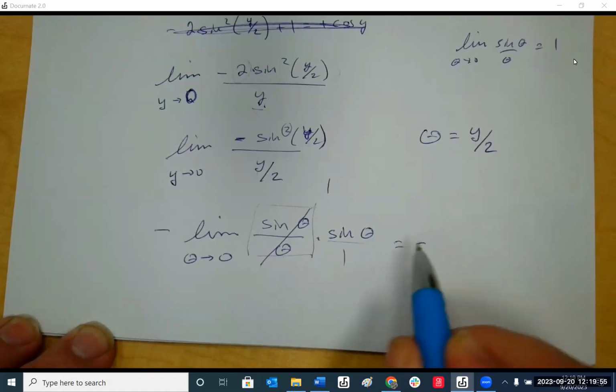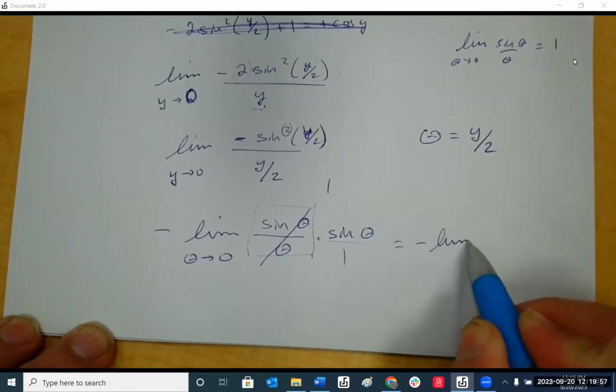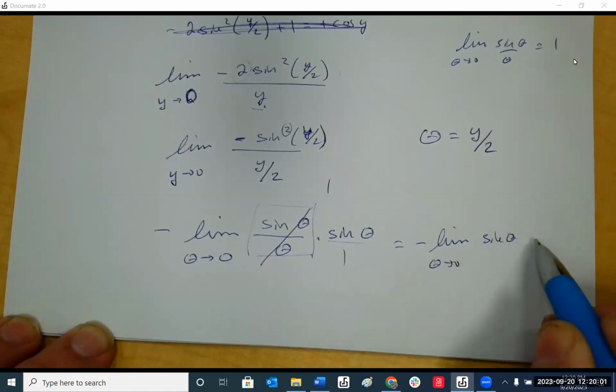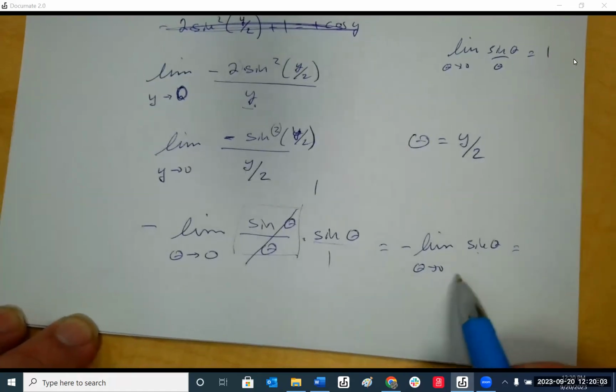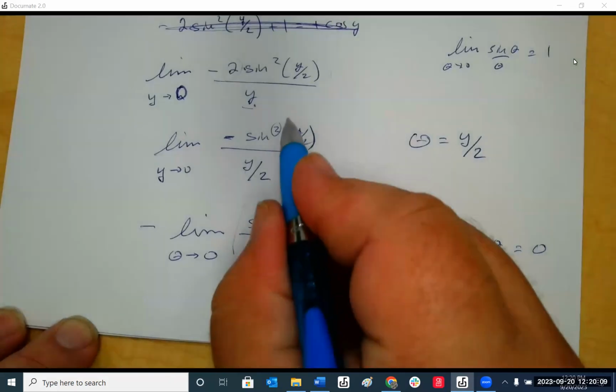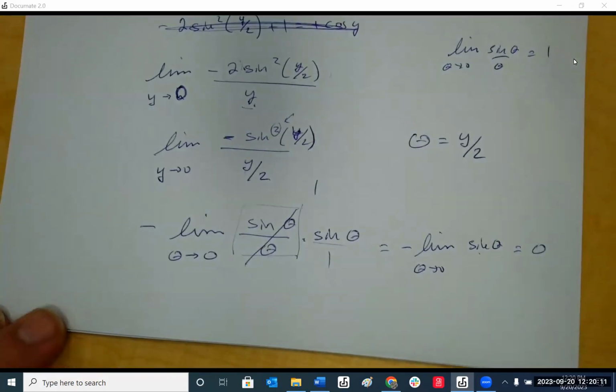But as we have sine theta as theta goes to 0, sine of 0 goes to 0. All that for nothing. Yeah, it was because this is squared here that ruined it for us. But 0 is our value. That's our limit.